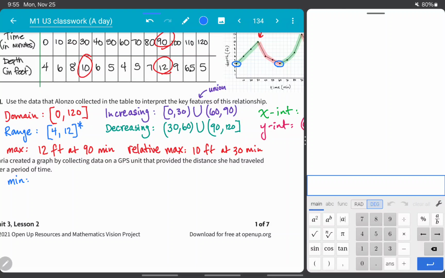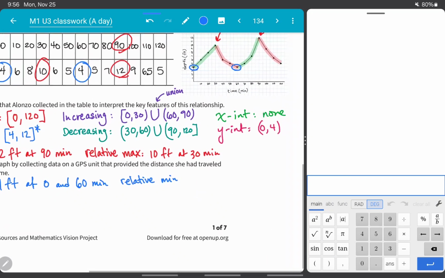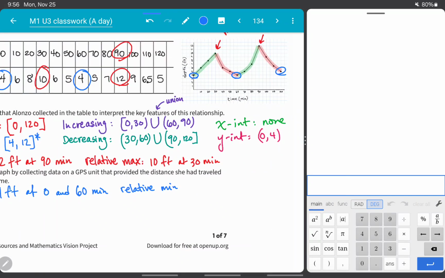So our minimum is 4 feet at 0 and 60 minutes. That's a 4 there and there. And then our relative minimum, there's another one over here at 120 minutes. It gets down to 5 feet.